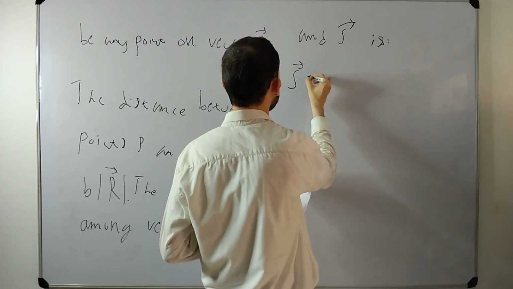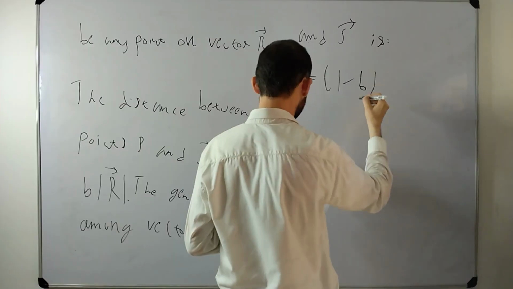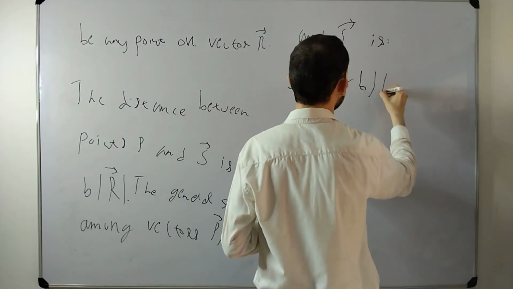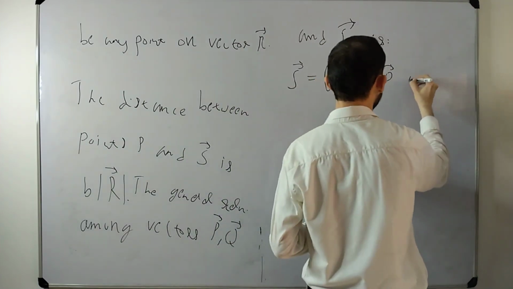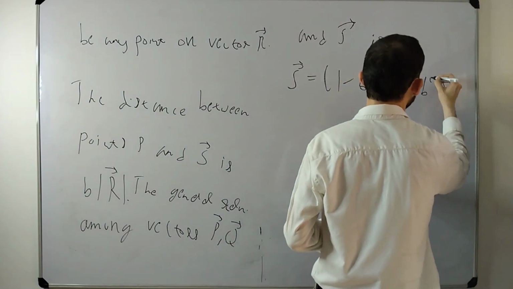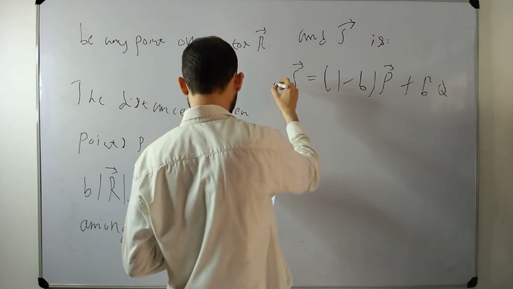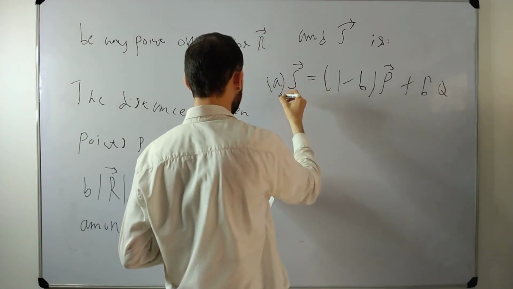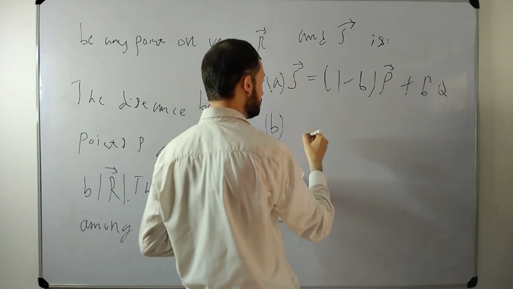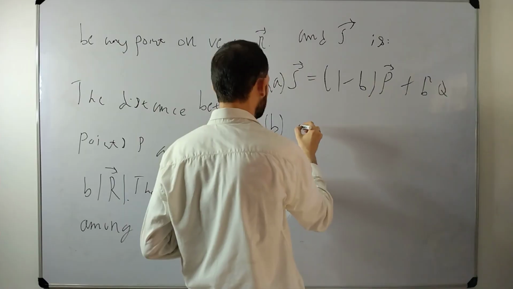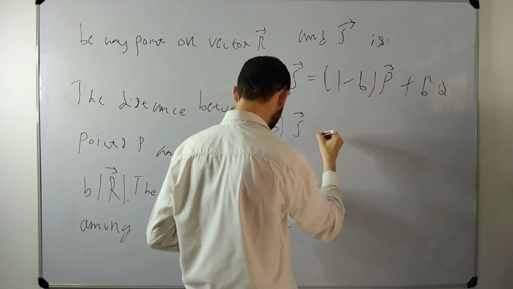S vector is such that it is 1 minus B P. I'm drawing the figure, don't worry. B square Q. This is option A. I need to give the options only in this question. S vector, so what is it?